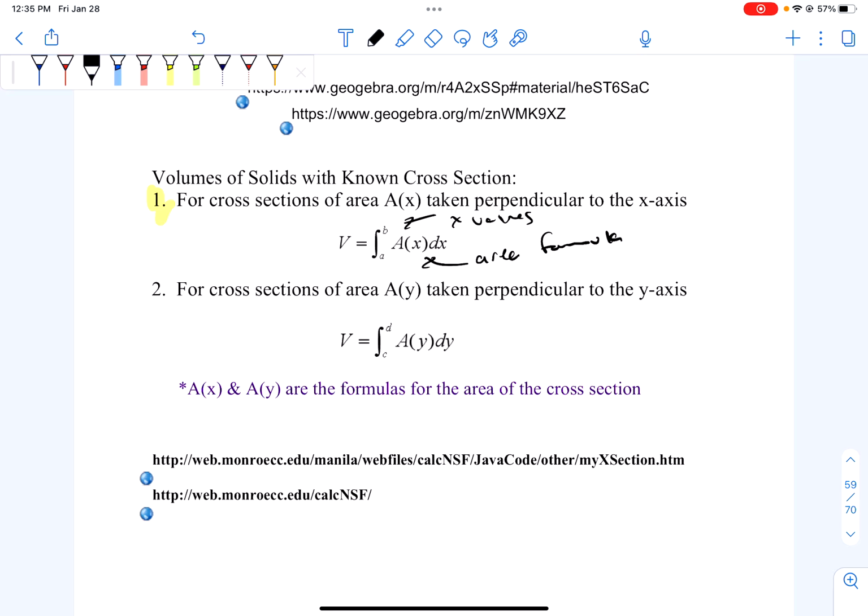So if you're going perpendicular to x, you're using x values and an area formula, and you would want that in terms of x, right? For cross sections that are perpendicular to the y-axis, exact same thing, but we are going to use y values. And when we do our area formula, it needs to be in terms of y instead of in terms of x. So here's what it looks like.